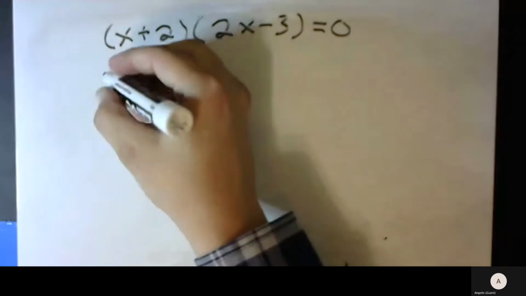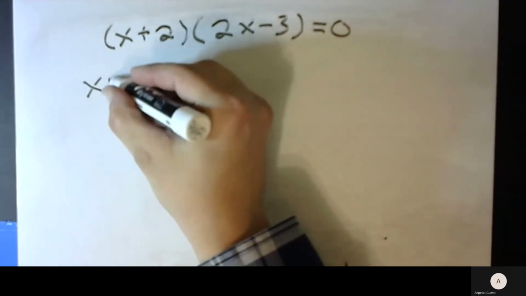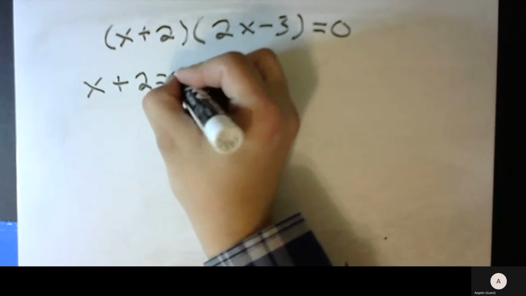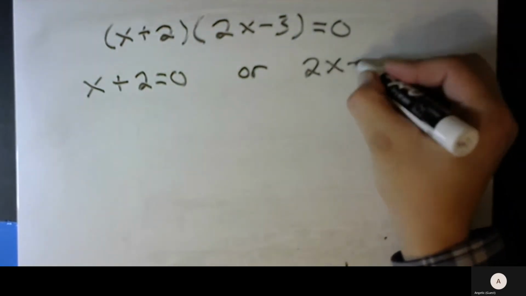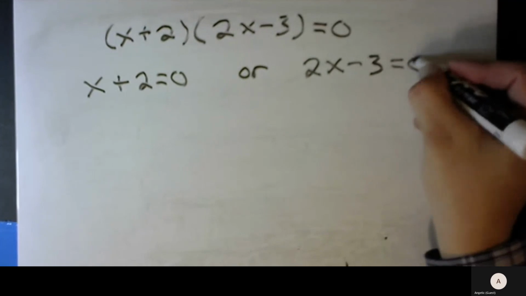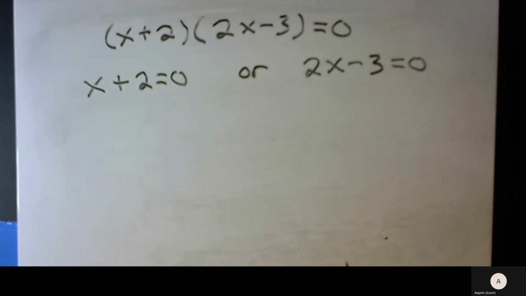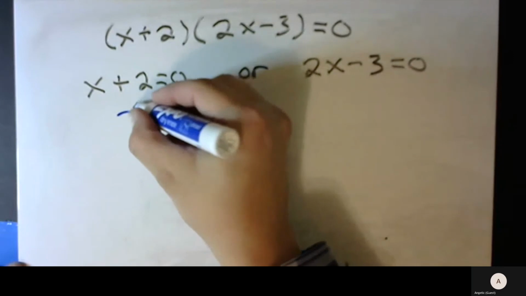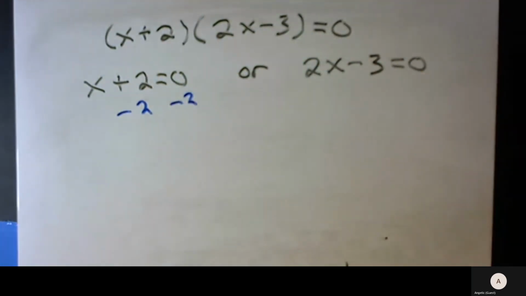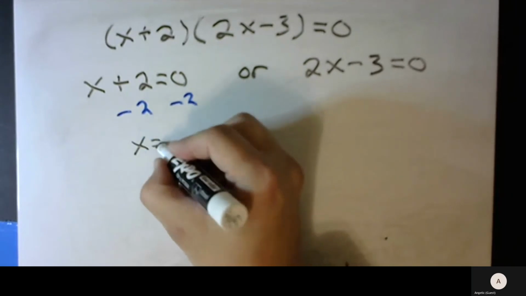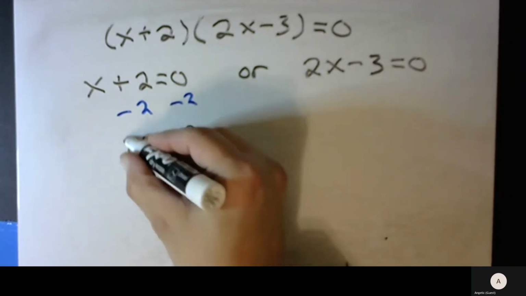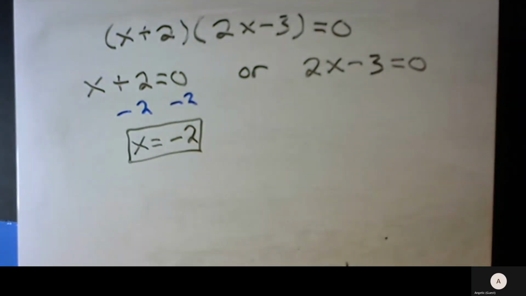So that means x plus 2 equals 0, or 2x minus 3 equals 0. And so we solve for x. Minus 2, minus 2. So x is negative 2 is one of our answers.